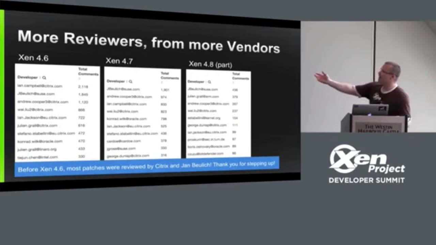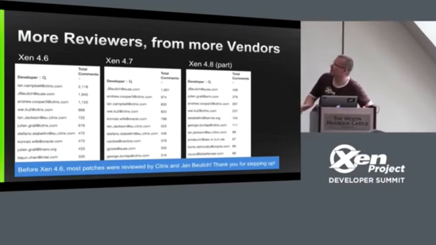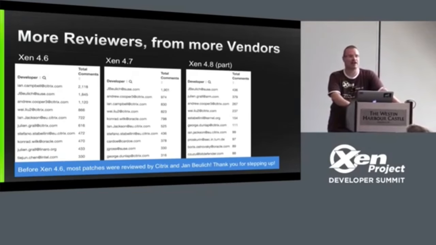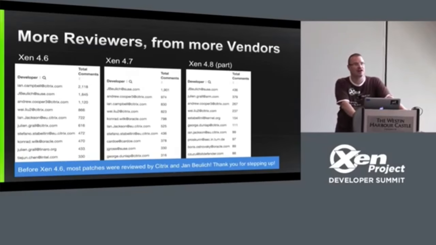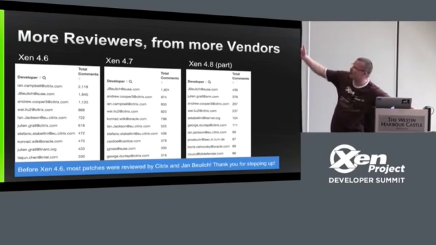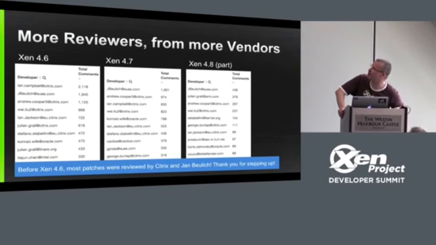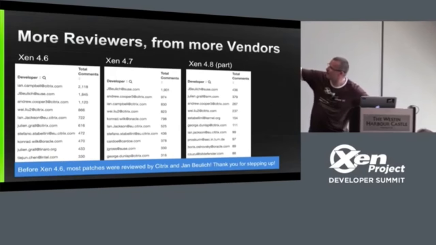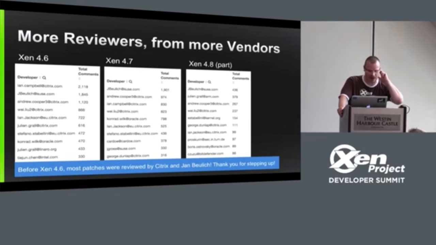Now, actually, one thing is I pulled some of the stats about people who do reviews, and the good thing is that in the last 4 releases, we're really having more people, and from more different vendors, starting to review the code. These are our top people who started to provide comments on various patches, and you see in 4.6, it was SUSE, Citrix, and Intel reviewing.